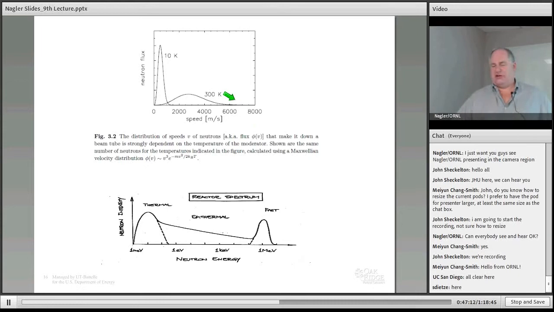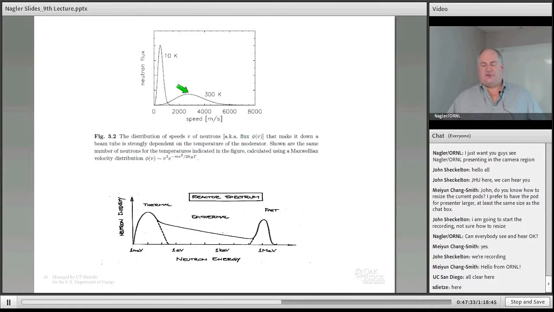Now, here's sort of a graph that shows neutron flux versus, in this case, speed, but you can replace speed by changing the shape of this with the right Jacobian into energy or wavelength or whatever you want. Basically showing the difference between moderators at 2 different temperatures, right? 2 different Maxwellian distributions.